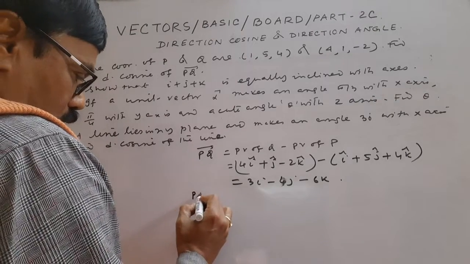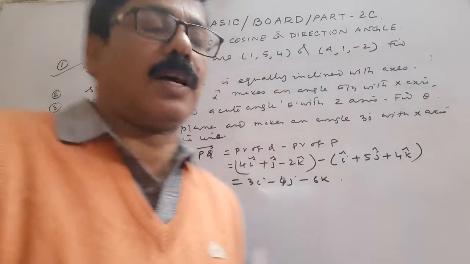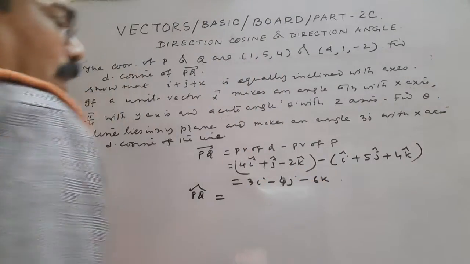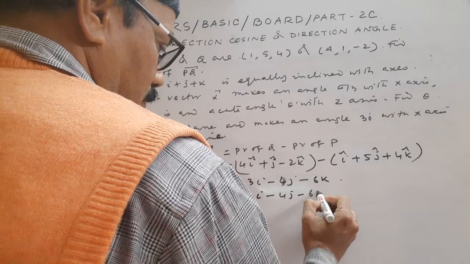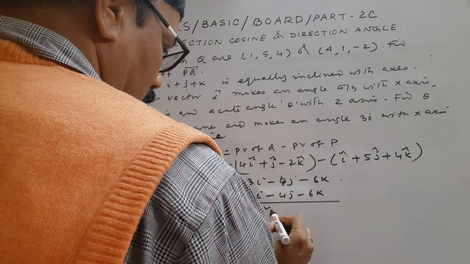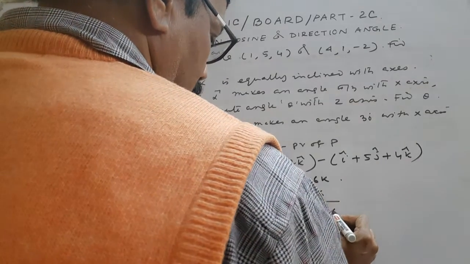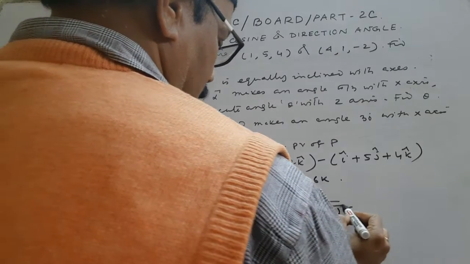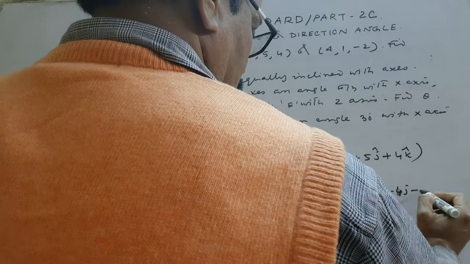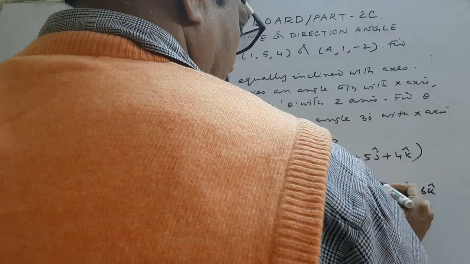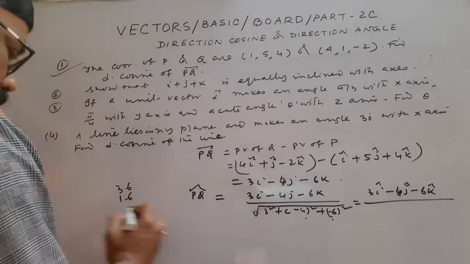So this is the PQ vector. We have already stated you have to find D cosine, so you have to express it in terms of unit vector. So PQ cap equals (3i minus 4j minus 6k) by root over 3 square plus minus 4 whole square plus minus 6 whole square, which is 9 plus 16 plus 36, that is 61.